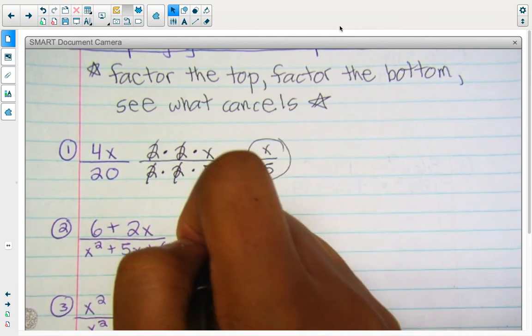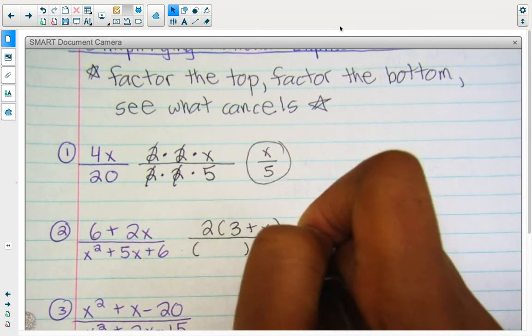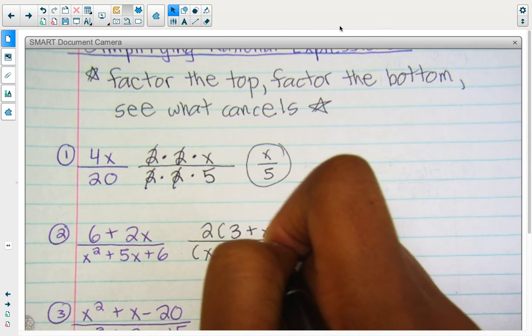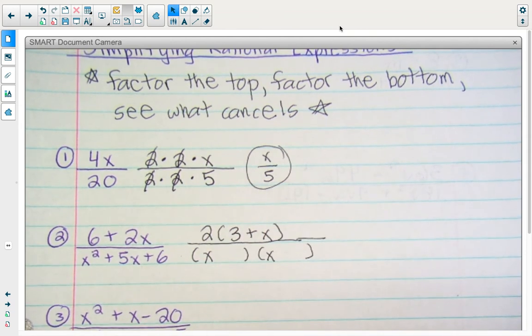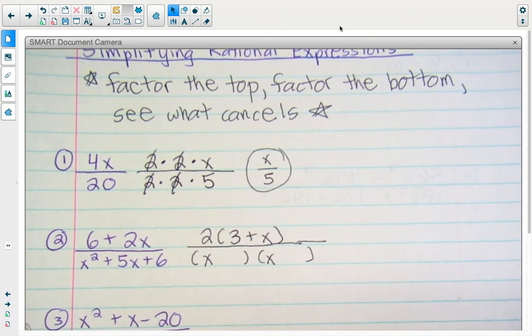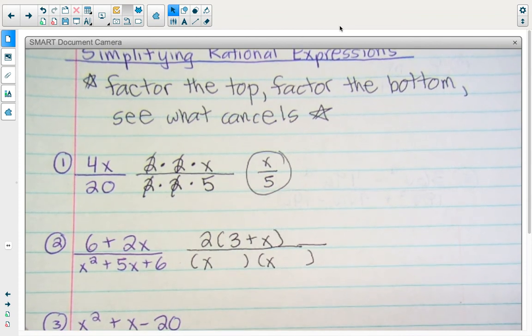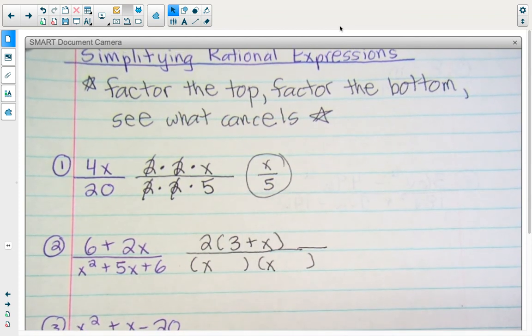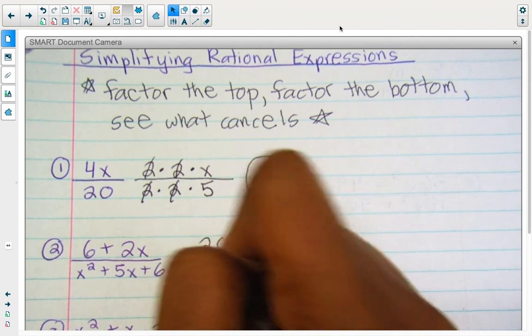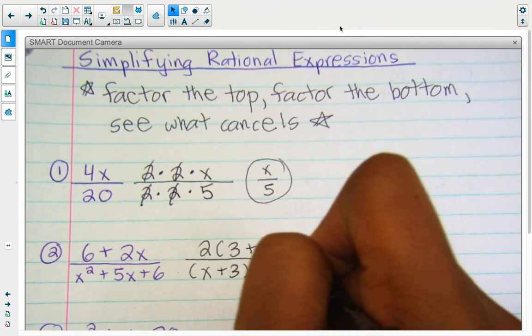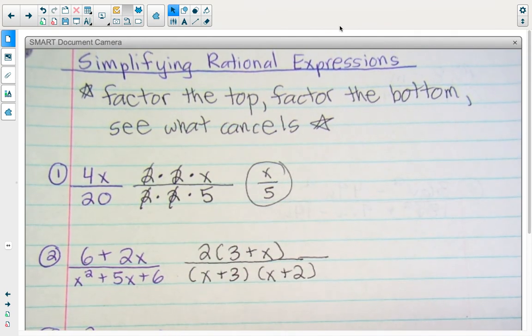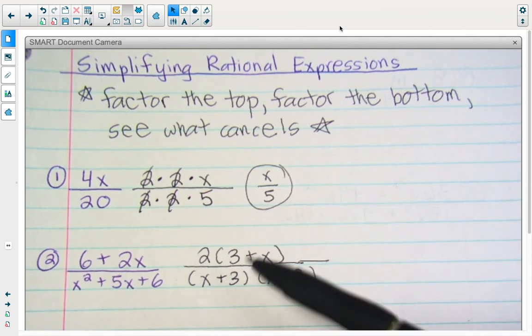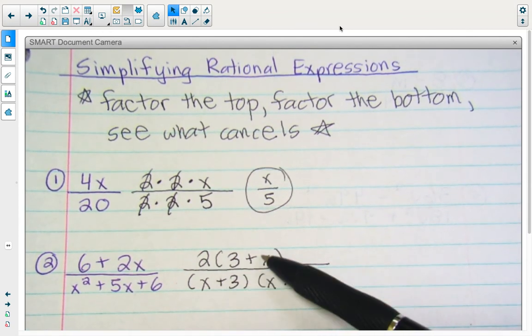On the bottom, we set up our 2 sets of parentheses, and we are thinking of 2 numbers that multiply to give me positive 6, add to give us 5. Those numbers are 3 and 2. If you have the same factor on the top and bottom, it cancels. So these are the same, even though the order is different.